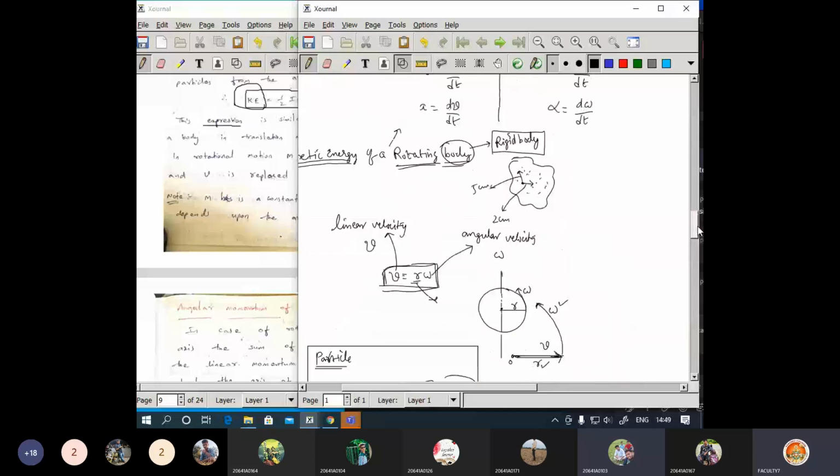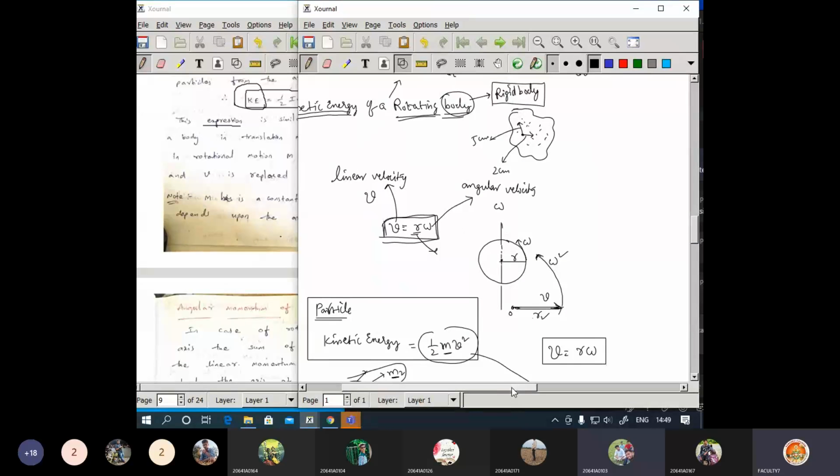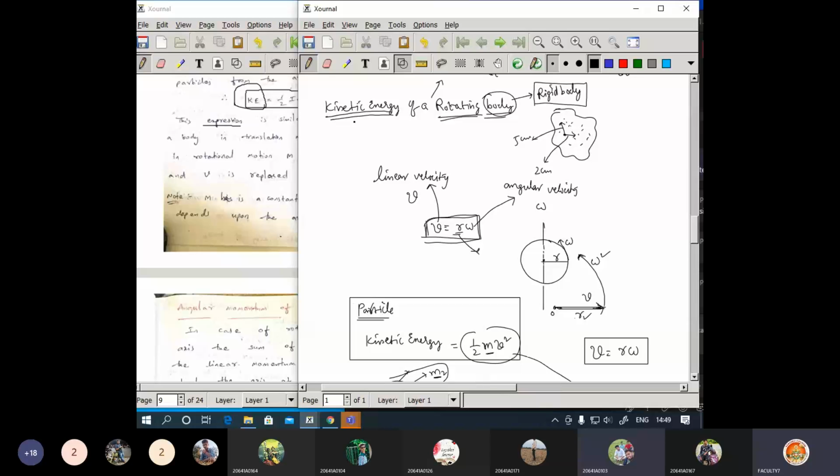Let me repeat the points we saw regarding the rigid body. We are going with the kinetic energy calculation. We are considering the rigid body, so there you have a large number of particles. Regarding the linear velocity, we got v equals r omega.